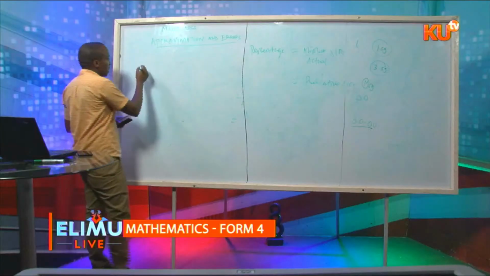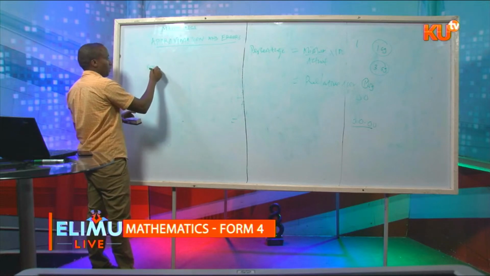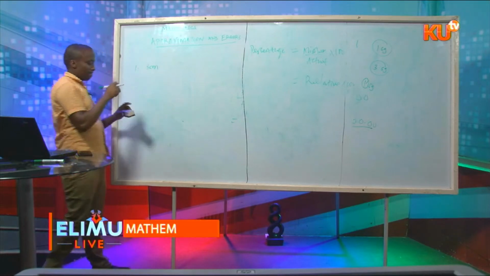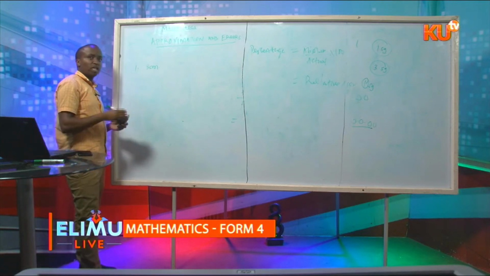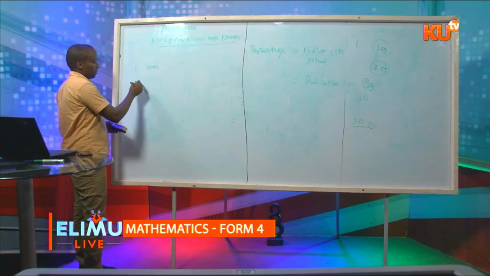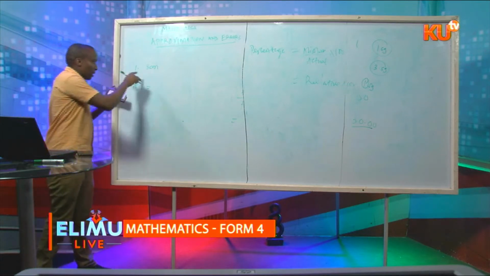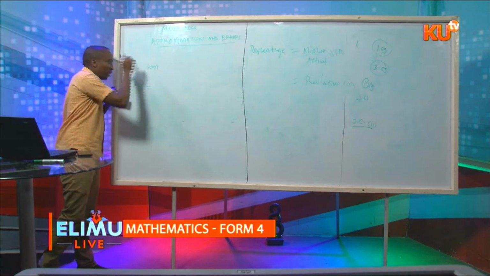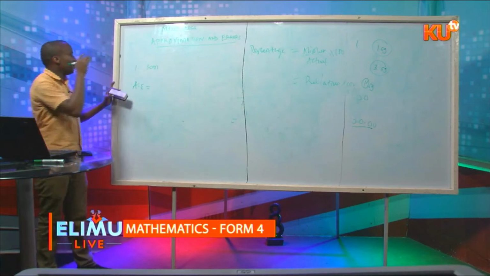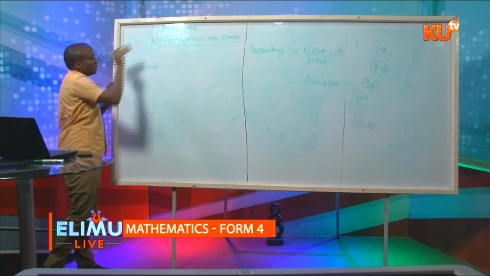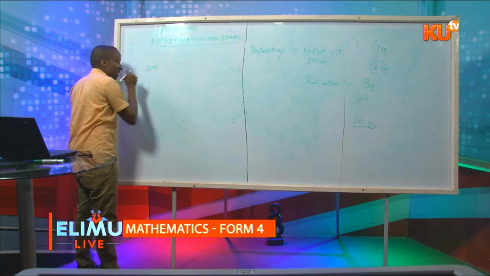So if I say today maybe the measurement of this one is 3 centimeters, and I want to get the absolute error for this one, that is the first one. You come and check the least measuring unit of the measurement given. If this is 3 centimeters and the measurement given is 3 centimeters, we don't have a decimal point there.